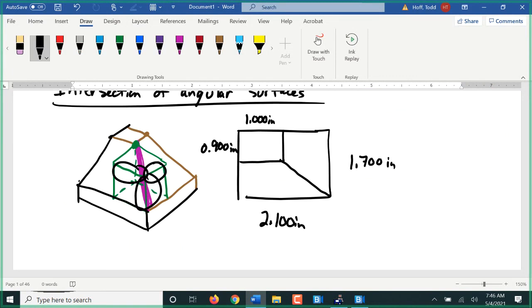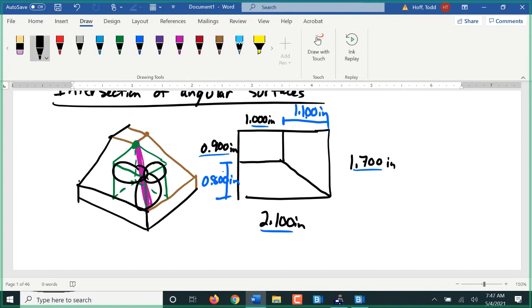What we're really concerned with, what we really want to know is this difference here and this difference here. So this difference here is 1.1, just the difference between the 2.1 and the 1.0. This difference over here is 0.8 inches, the difference between the 1.7 and the 0.9.